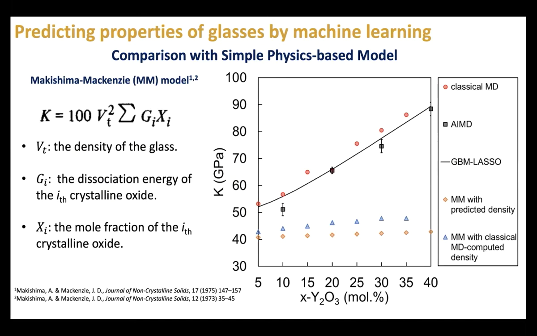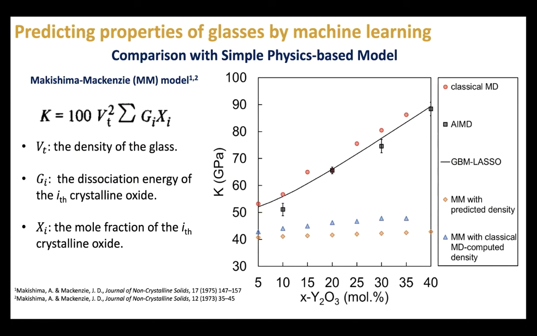Another advantage is that this simple physics-based model has an assumption that the interaction strength between different ions is mostly Coulombic interaction based on charge. This assumption is fine for some simple oxide glass, but if a transition metal oxide is included in the glass, this assumption may be inaccurate because we know transition metal oxides depend on d orbitals. There could be some kind of covalent features.